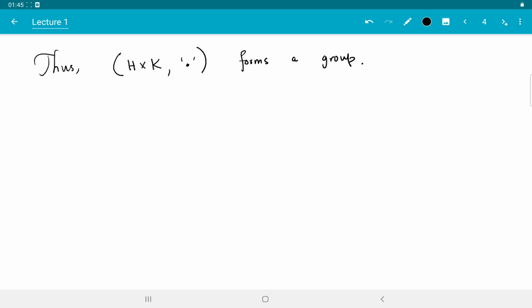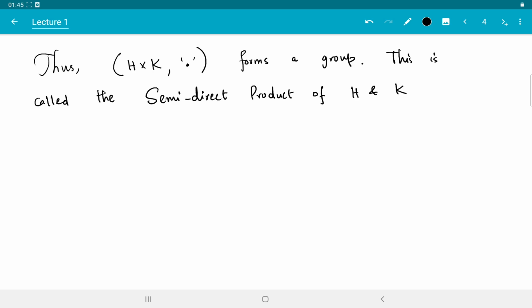And this is called the semi-direct product of H and K, and it is denoted by H semidirect phi K.